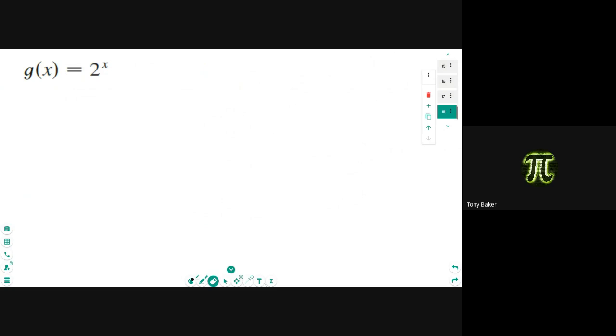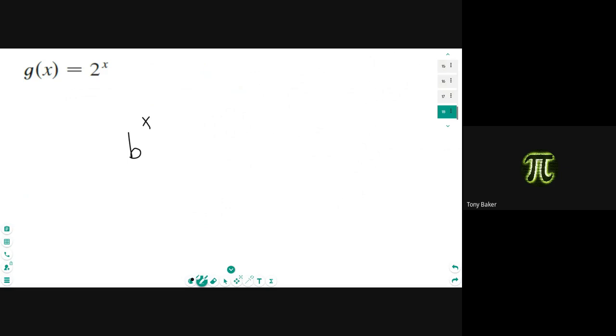So let's actually look at something, because this is something that you probably honestly don't remember. So let's look at just b to the x. So b can be anything, because I don't want to limit it to one specific thing.